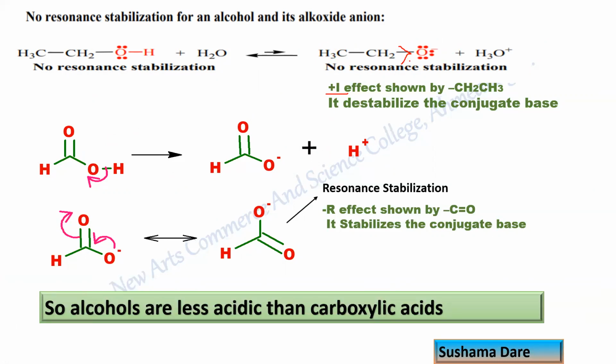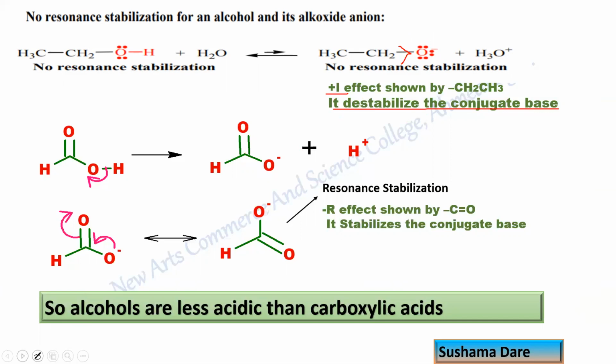And there is no factor for the delocalization of this negative charge, so we call this localization of charge. The oxygen is already negative, and the ethyl group again donates its electron density to this oxygen, so the charge is localized. Whenever a localized charge is there, that is always an unstable situation. Because of that, the plus I effect shown by the ethyl group destabilizes the conjugate base.